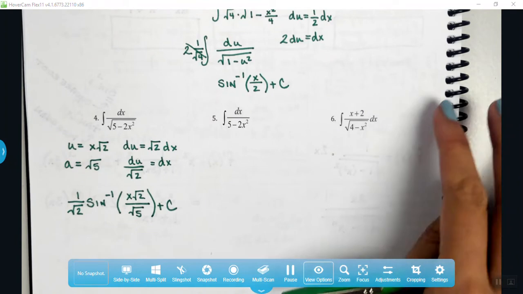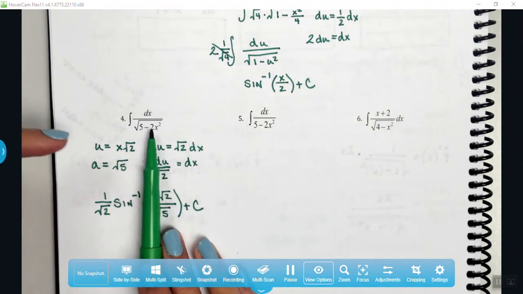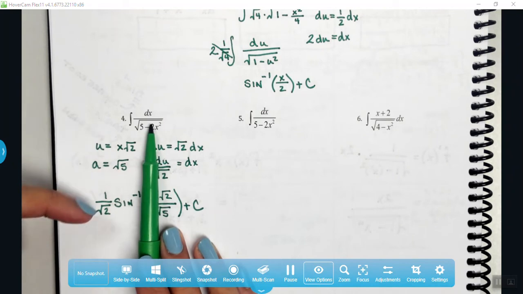Does anybody have any questions on that? No? Wait, why did you just take it out? This 1 over root 2? Or, I guess, just the root 2. Like, why'd you find the u? Oh, because u wasn't just x. So if this was just 5 minus x squared, then I wouldn't have to pull out the divide by the du.